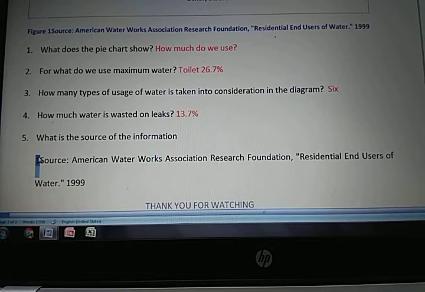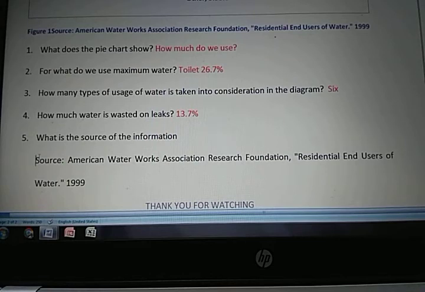They conducted research on residential end users of water in what year? 1999. Understood?